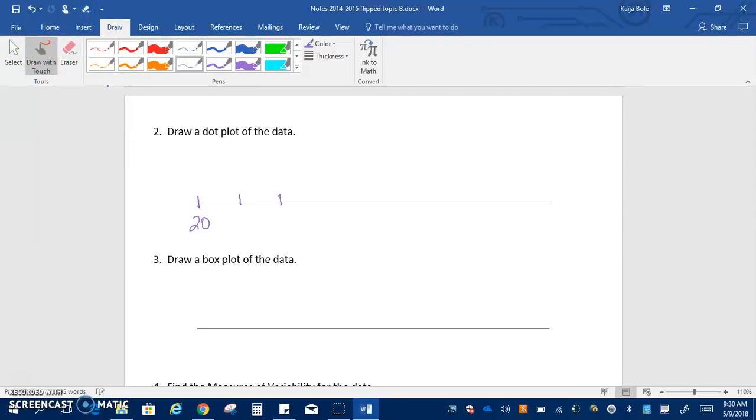So 20, 25, and we need to go all the way up to 60: 30, 35, 40, 45, 50, 55, and then 60. I want you to pause the video again, fill in the dot plot, and then check your answers when you unpause.